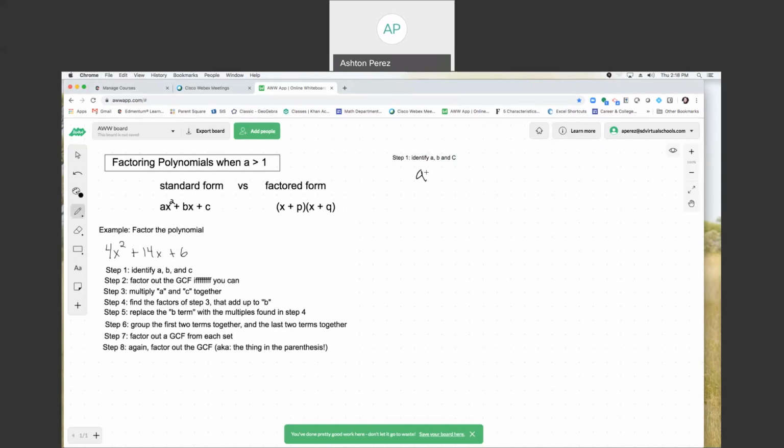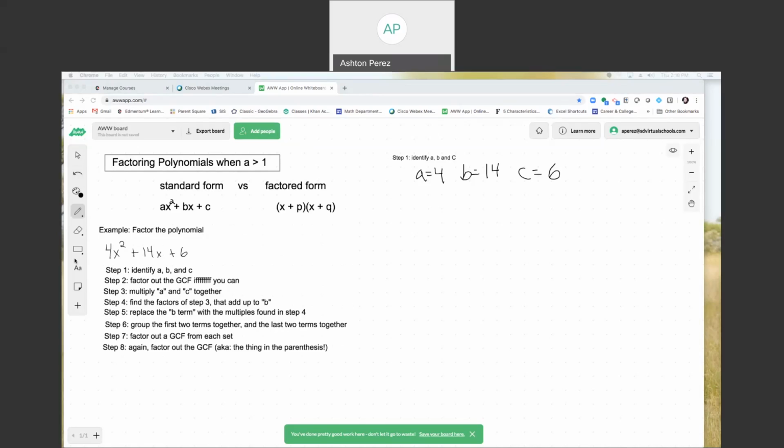So A is equal to 4, which is greater than 1. B is 14, and C is 6. I always start with step 1 just so you know which method you're going to be using, because there are different methods of factoring depending on the characteristics or the situation that you're given.